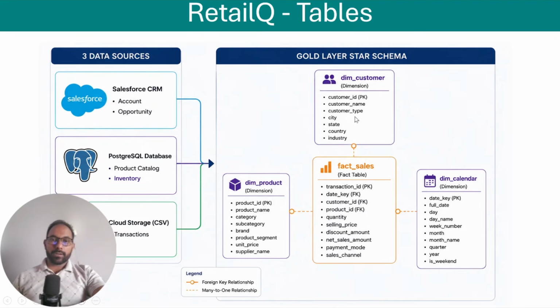We have this dim customer. This customer table will be coming directly from the account table. So in terms of Salesforce, these things are called accounts, but in our general naming conventions, we call those accounts customers. So this is our dim customer. So these two are one-to-one mapping with our silver table.